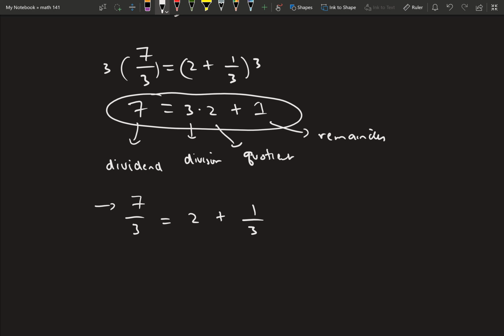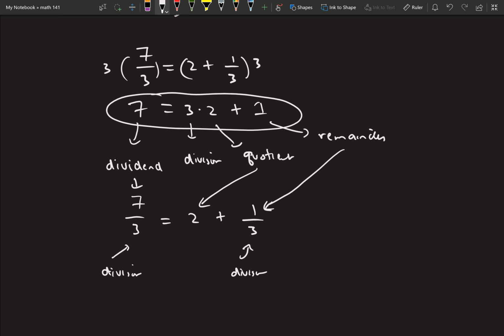So here, this is the dividend. And then the divisor, this is our divisor, which occurs here and here. This 2 is our quotient, and the remainder is this 1 sitting upstairs right here.